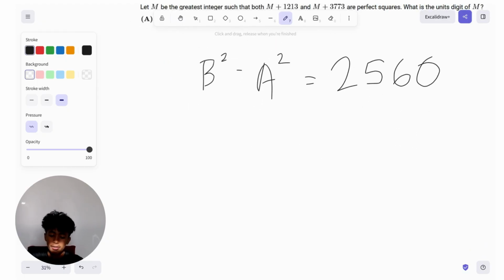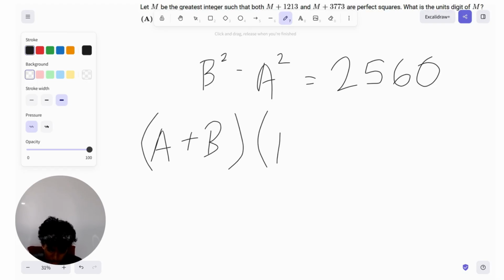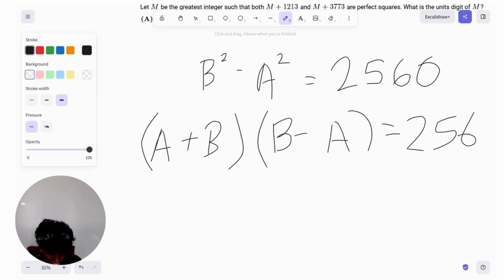This means that since this is the difference of squares, we can expand this and make this a plus b times b minus a, and that is equal to 2560.